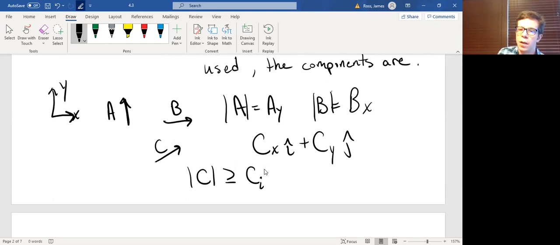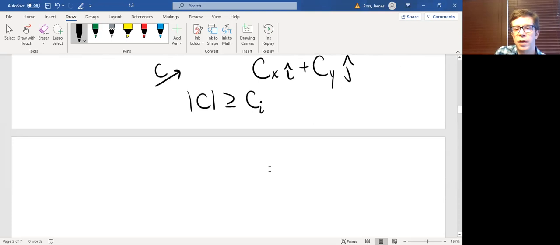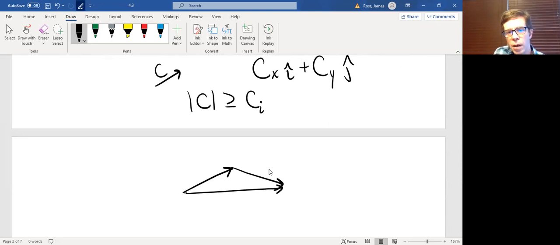And the two components will always add up to at least as much as the entire vector. So this is the, man, I can't remember what the theorem is called at the moment. But there's a theorem in algebra that says if you add two vectors, it's a triangle postulate or something.